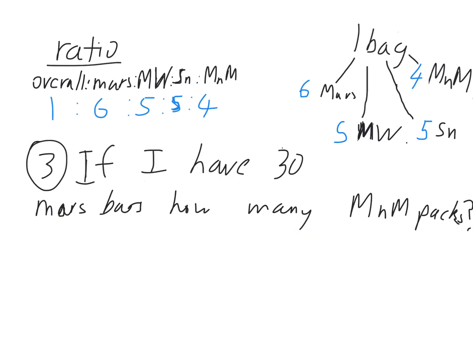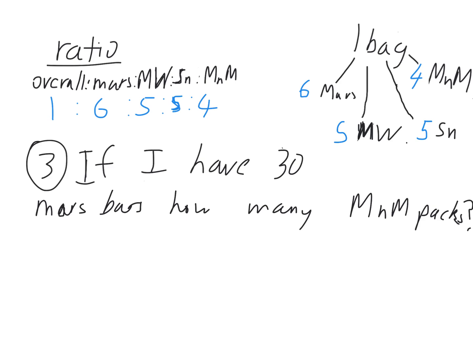Ratios become particularly handy when you're working with slightly more challenging numbers. So if you end up with something like this, I have 30 Mars bars, but now I want to use that number to work out how many M&M packs I have. So I don't want overall bags, I now want to know M&Ms. Now this becomes a little bit more challenging. You might be able to do it intuitively, but we need to apply our ratio.